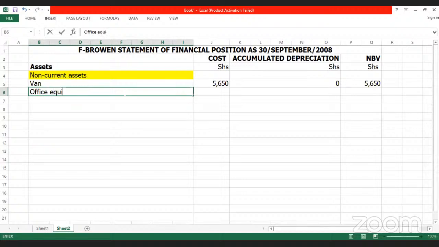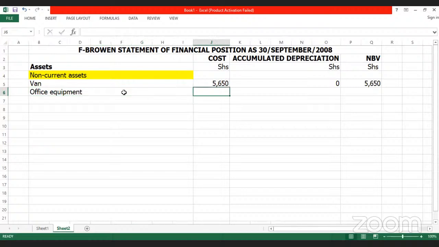Office equipment. We have the office equipment. How much is the office equipment? Its cost is 7,470. Depreciation for now, we don't have in this question, but the exam style questions we are likely to do will have end of year adjustments.